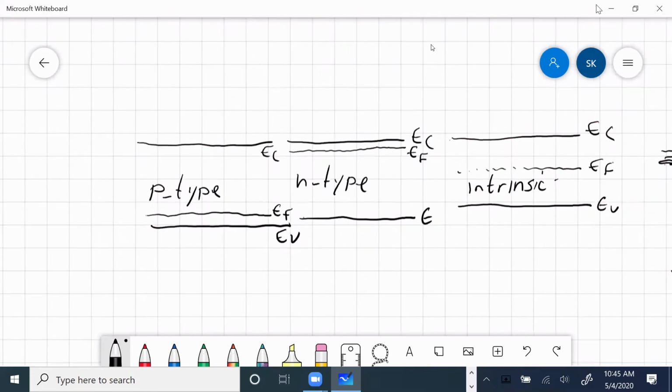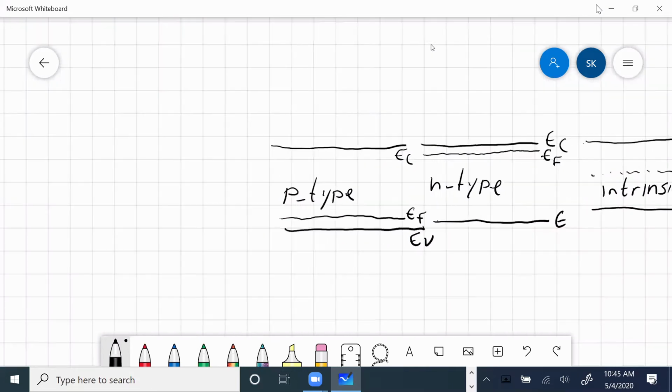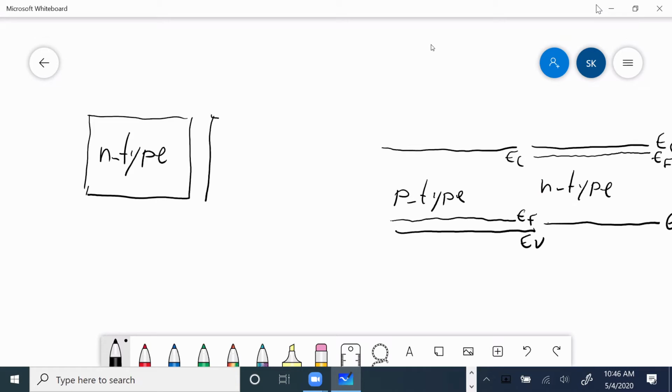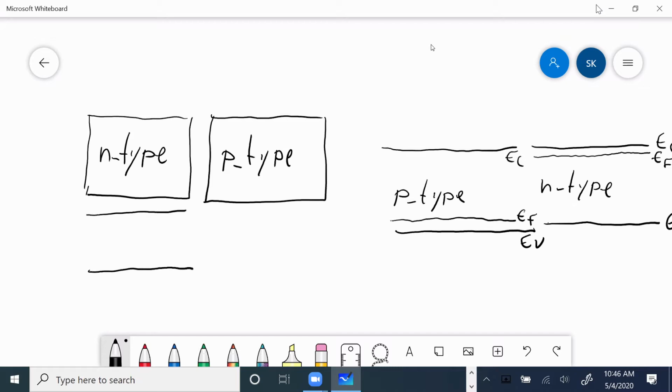All right. Now that we got this far, let's see what we can do with this. Why did we learn all this? What do we want to do? We want to create a piece of semiconductor which we call N-type, then we create another one which we call P-type semiconductor. This material will look like this, this material will look like this.